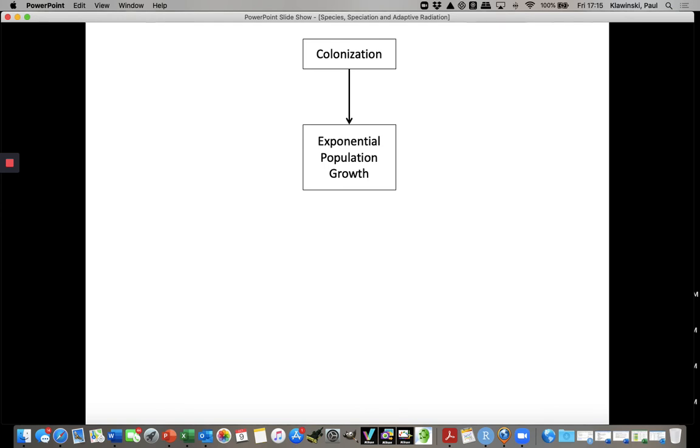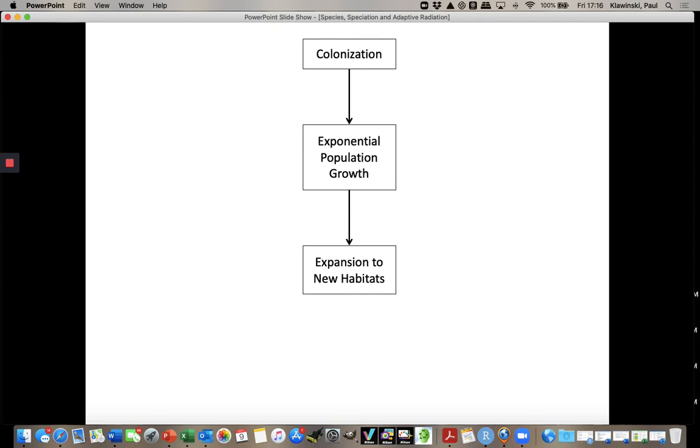But once you get so many individuals on that island, you then begin to have density-dependent factors starting to kick in, such that some individuals may survive better than others. If that survival depends on their morphology, you have a situation set up to have selection acting. As this exponential growth occurs, these individuals expand to new habitats.